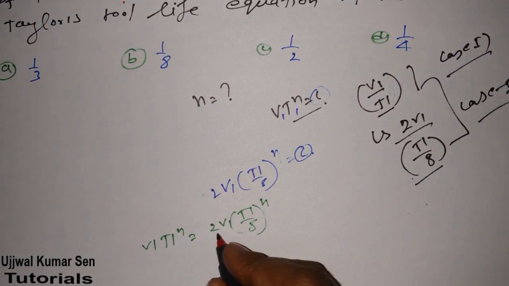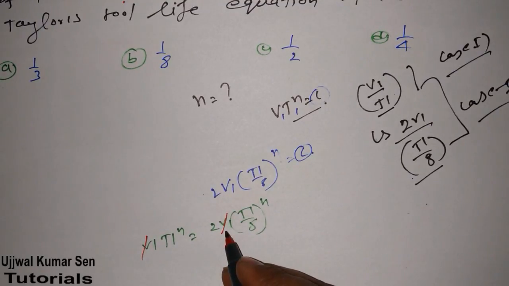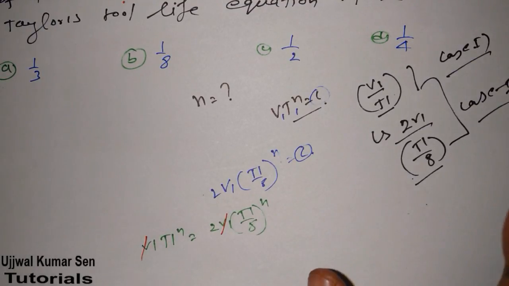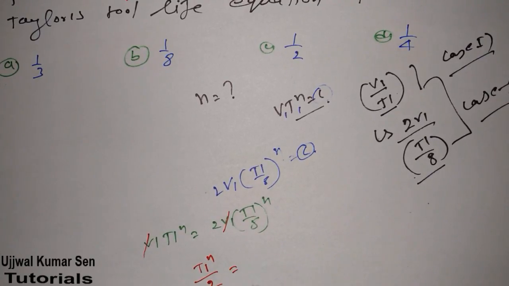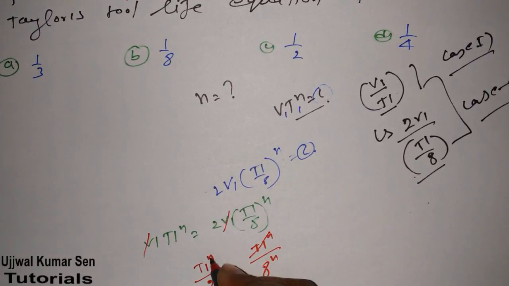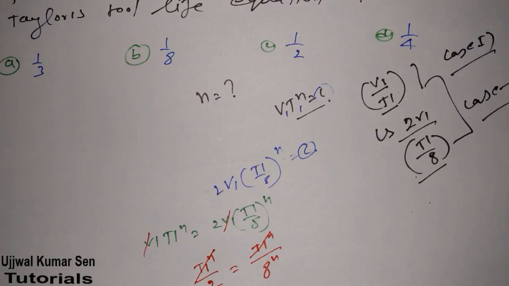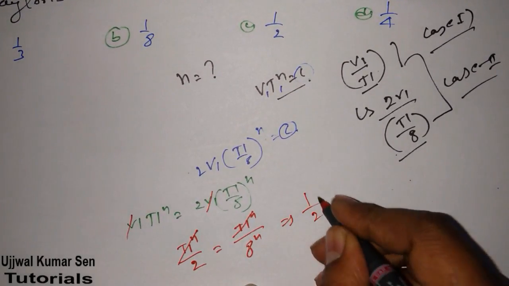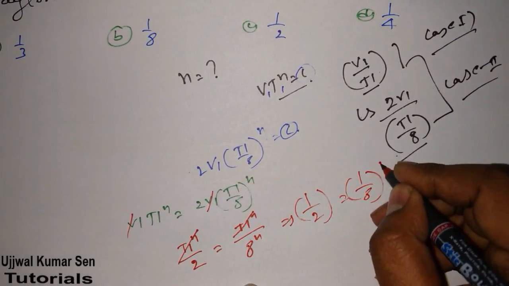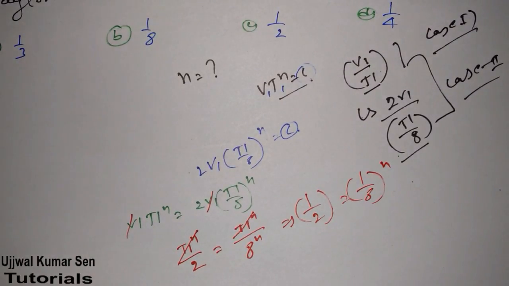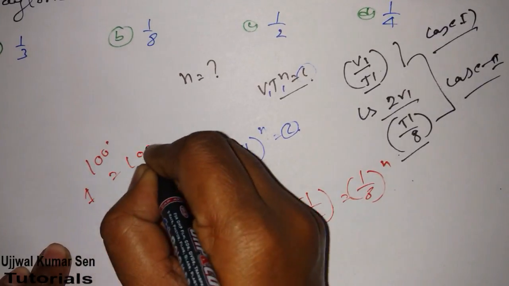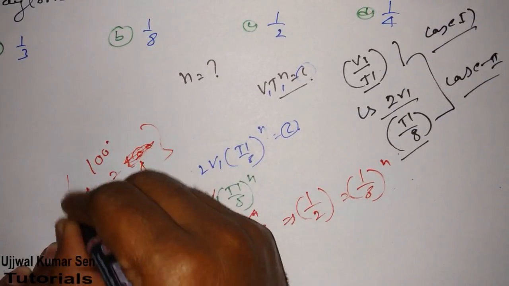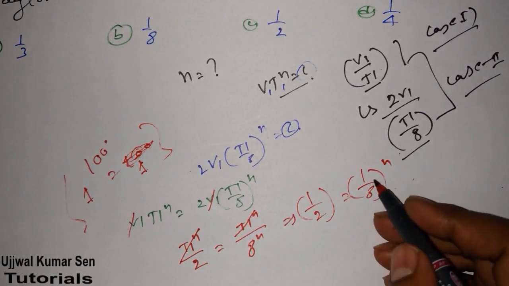Now v1 gets cancelled, so 2 is remaining there. Again we got these values, right? So let me write t1 to the power n by 2 is equal to t1 to the power n by 8 to the power n. So t1 to the power n and t1 to the power n get cancelled. So we got 1 by 2 is equal to 1 by 8 to the power n, because 1 to the power 100, even its value is 1, right? That's why I have put it there.